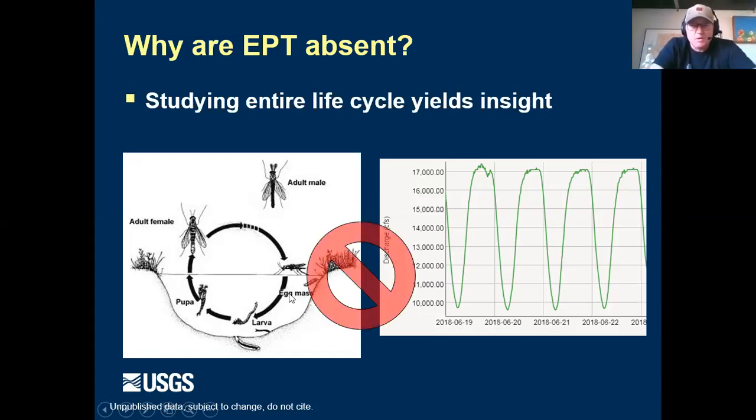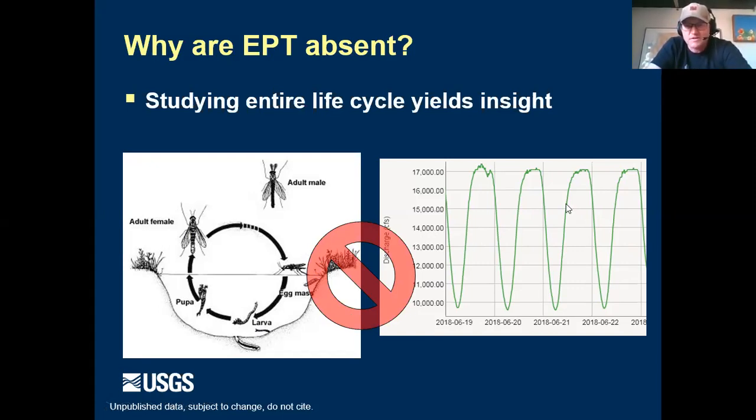And basically what we found was that when we started looking at the full life cycle of an aquatic insect, we realized that it was actually this egg stage here that ends up being incompatible with these load following or hydropeaking operations.